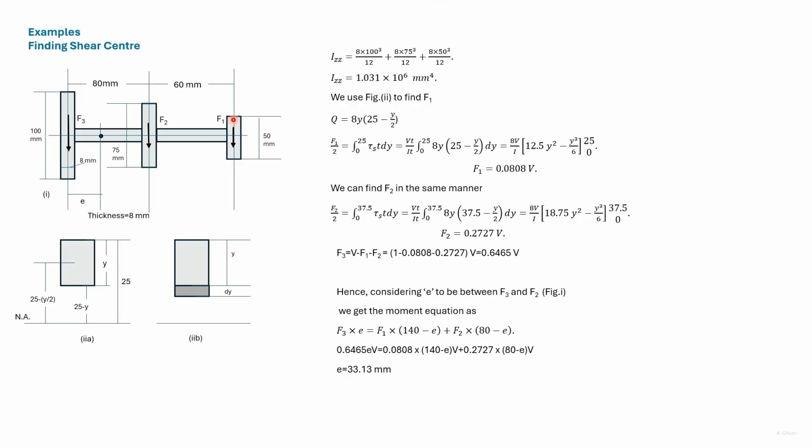Consider a small portion in this leg on the top of depth Y, as shown in this figure. The distance from the neutral axis is 25 mm. Then this distance is 25 minus Y. And the distance of the centroid of this portion from the neutral axis is (25 minus Y) divided by 2.